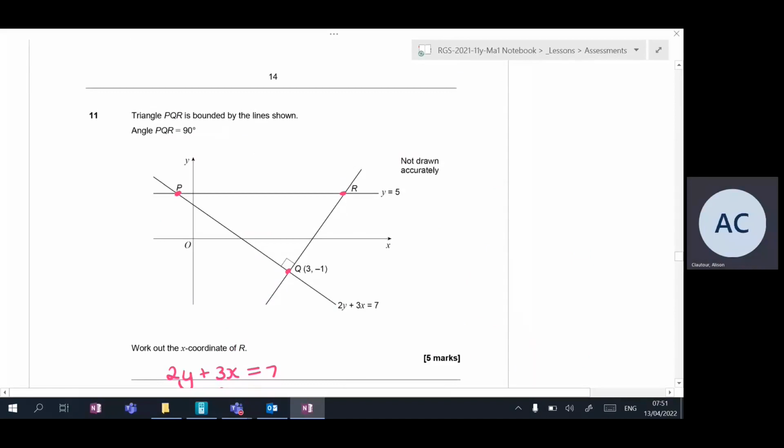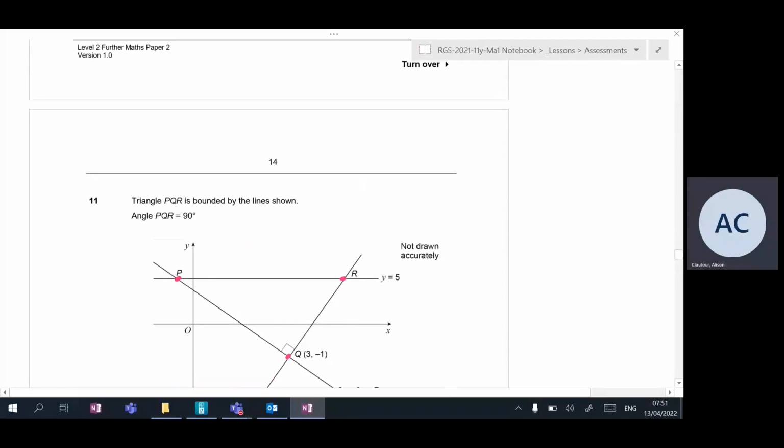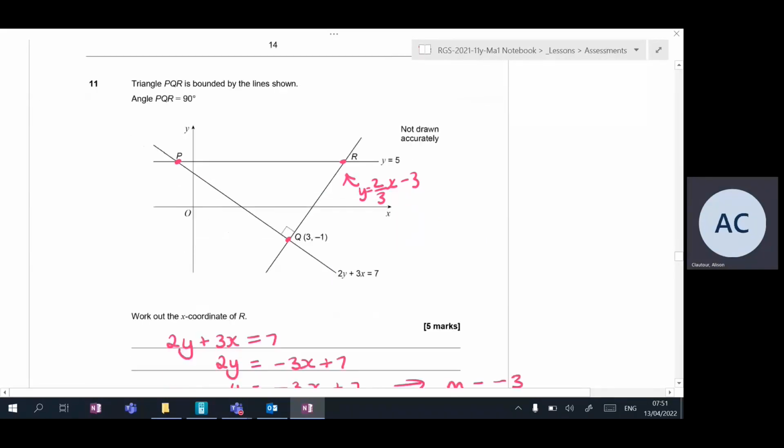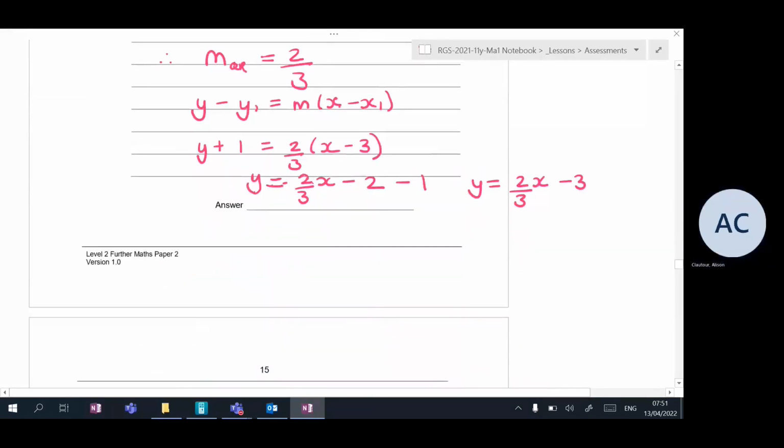Okay, so the point R is where that line, y equals 2/3 x minus 3, intersects with the line y equals 5. So my intersection will be 5 equals 2/3 x minus 3.